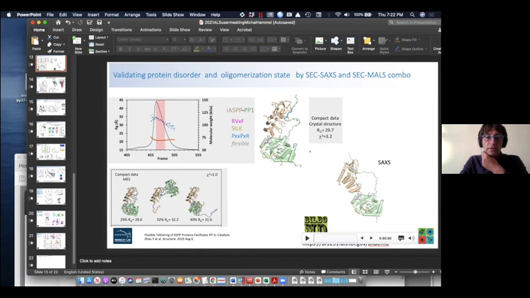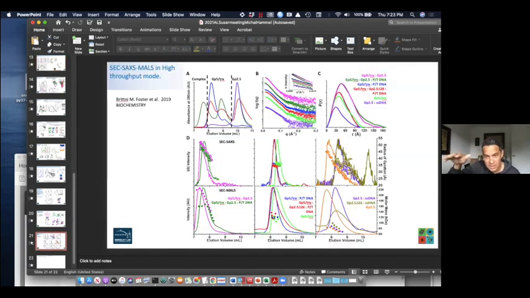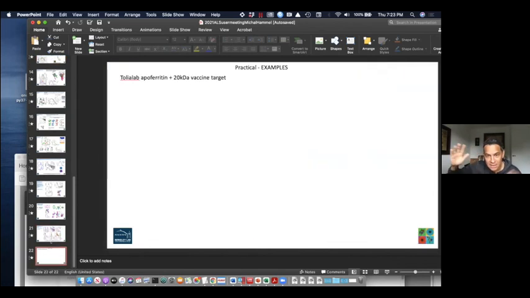One more question? I have a comment too. The problem with really small peptides, and we measure peptides a lot here at Diamond, is that the smaller you are, the larger your Guinier region is. If you measure something the size of sucrose for SAXS, you just measure a really long line, right?